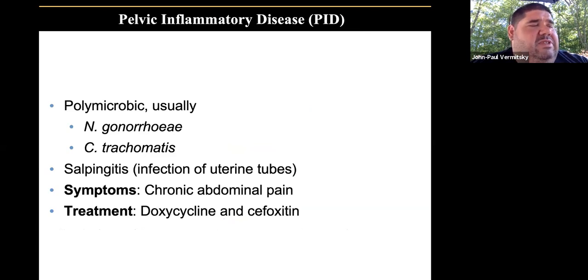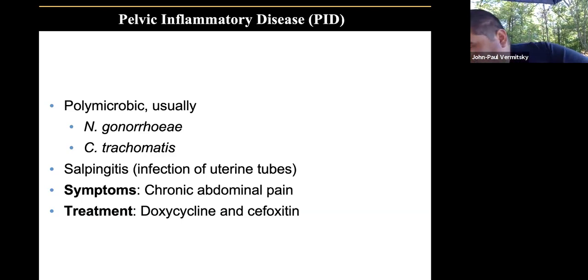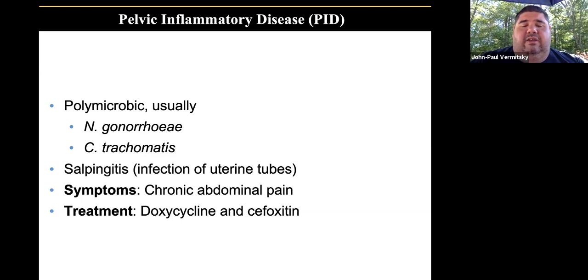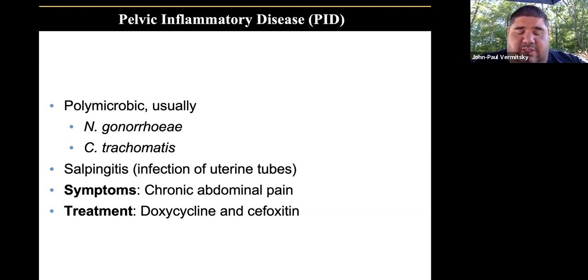Because a lot of times these infections go unnoticed in females until they become a more serious problem, this is the unfortunate result. Treatment for this is antibiotics, doxycycline or similar.